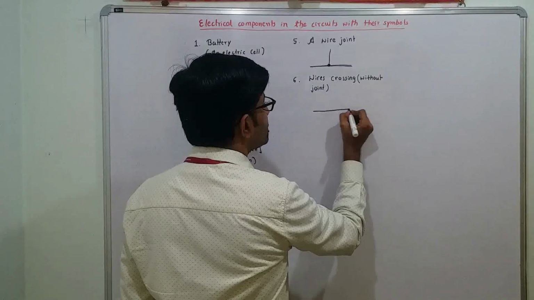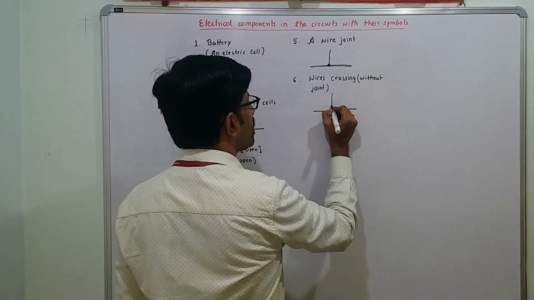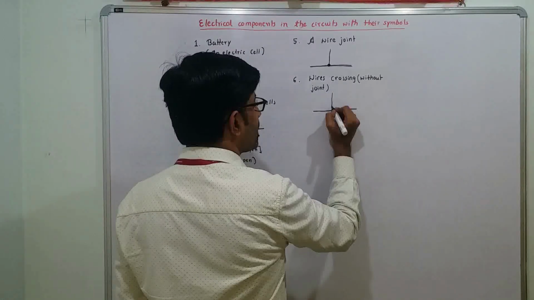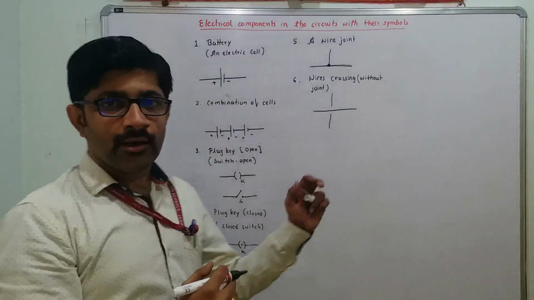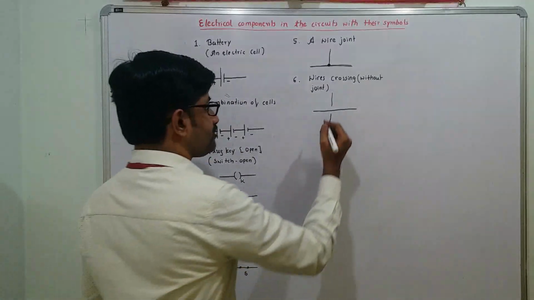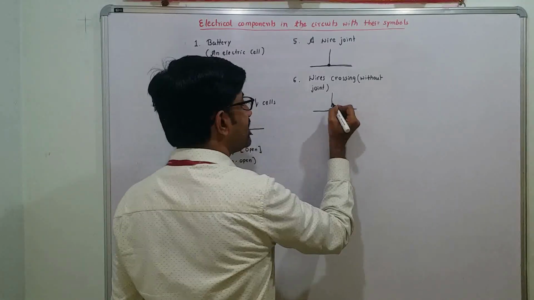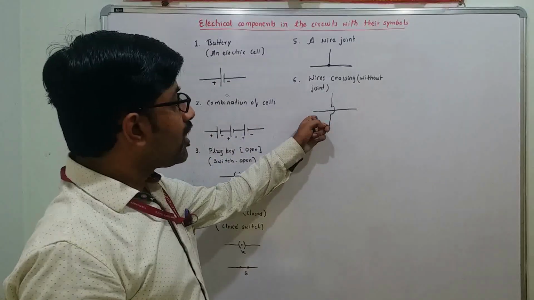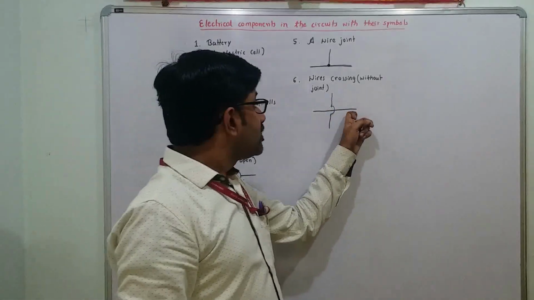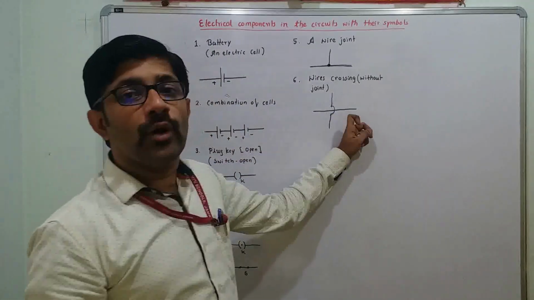One is moving like this inside the circuit and the other one is moving like this. So you cannot connect these two because those two wires are different from one another. Therefore, you must put the symbol like this. This is the indicator that the wires are moving without joint or without touching one another.